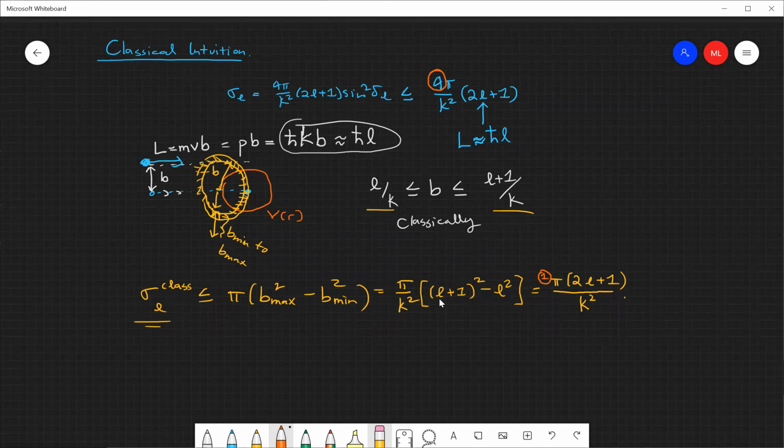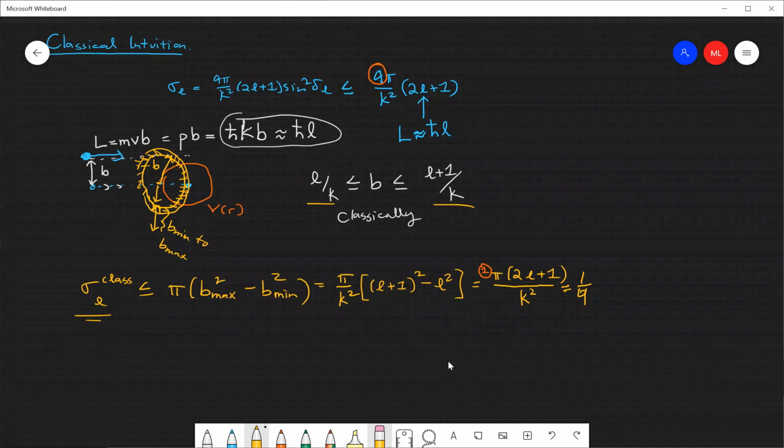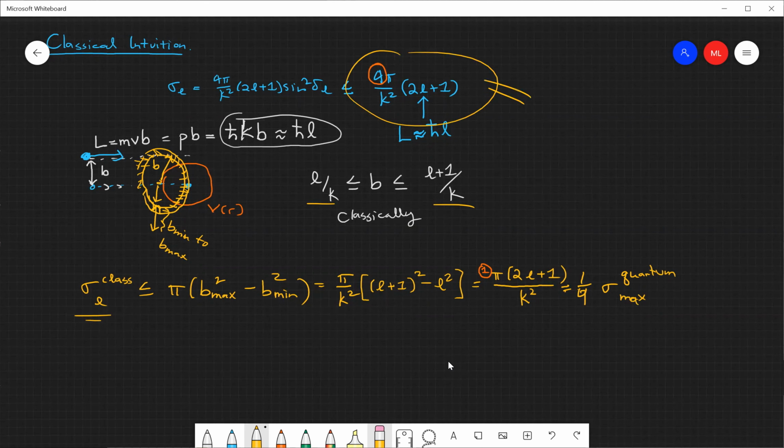So that means that the classical contribution to the scattering cross-section is at most a quarter of the maximum quantum mechanical contribution, which is this guy.